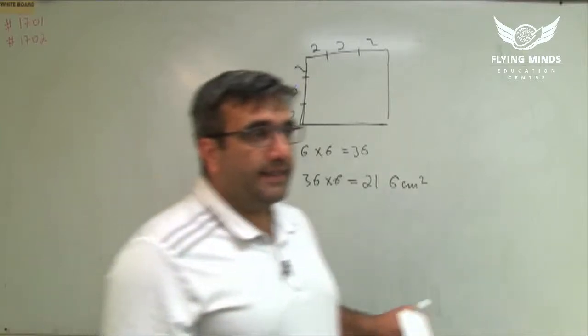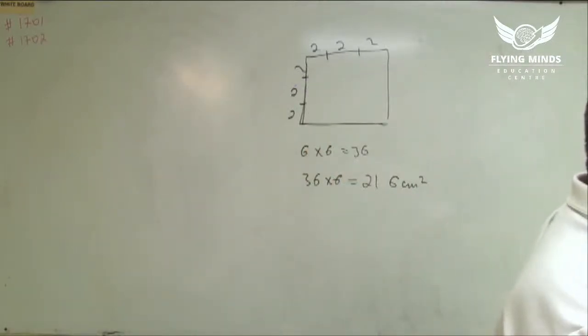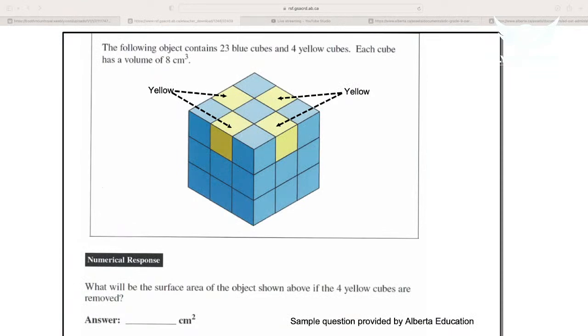So now let's think, if we remove these yellow cubes, what happens? We see that for each yellow cube, only 2 faces are participating in the total surface area of this cube.